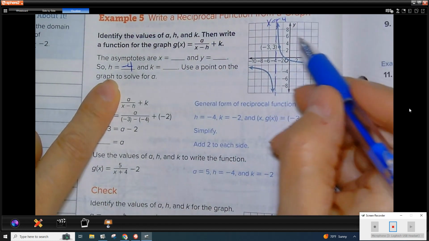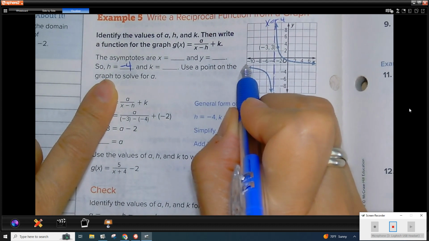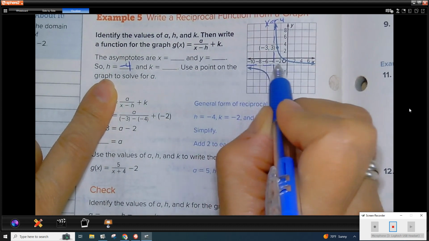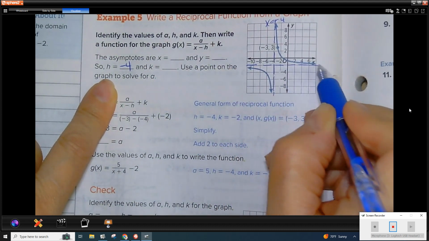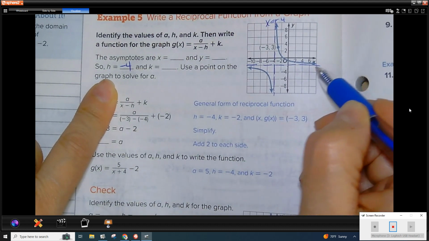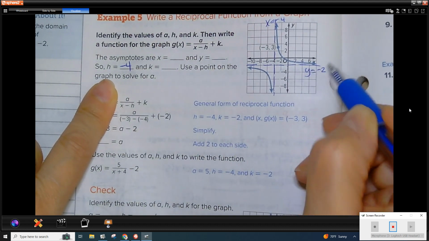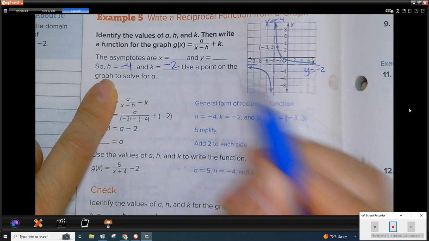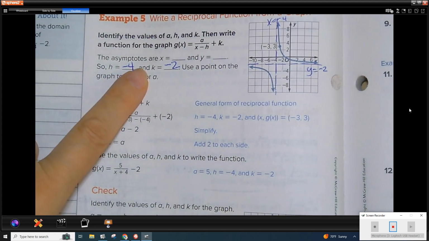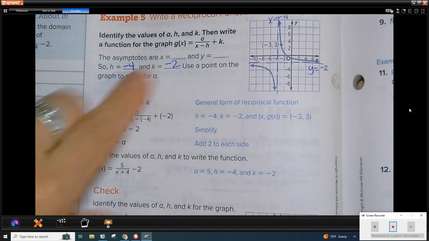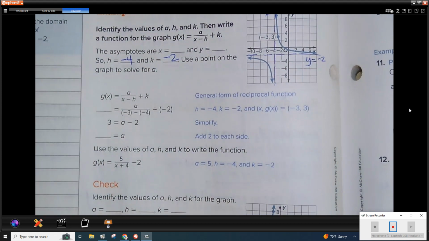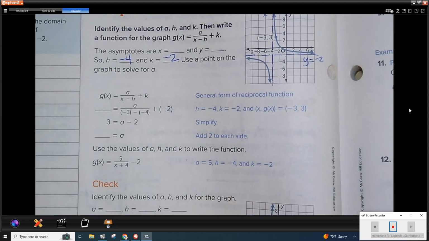Now my horizontal asymptote is right here, and pay attention that the axis goes every 2, so this is y equals negative 2, so my k is negative 2. H and k don't change signs. They change signs when you put them in the function. So I'm going to write it right here.